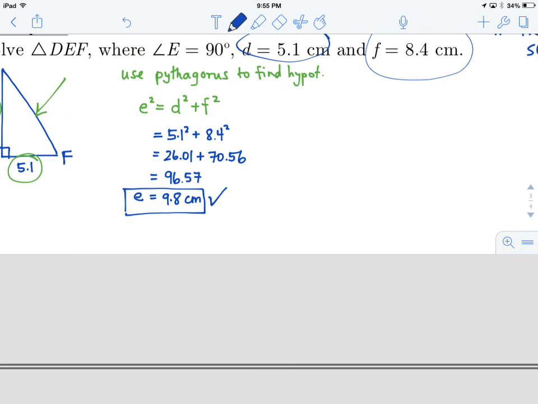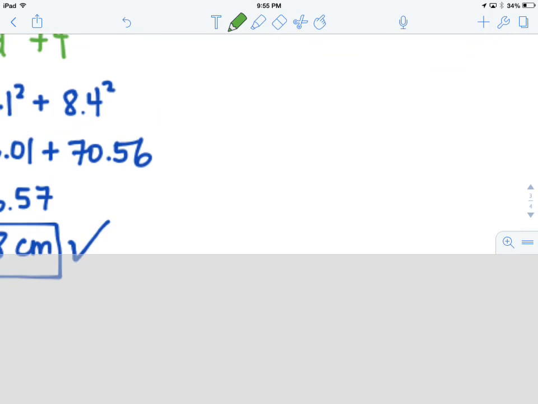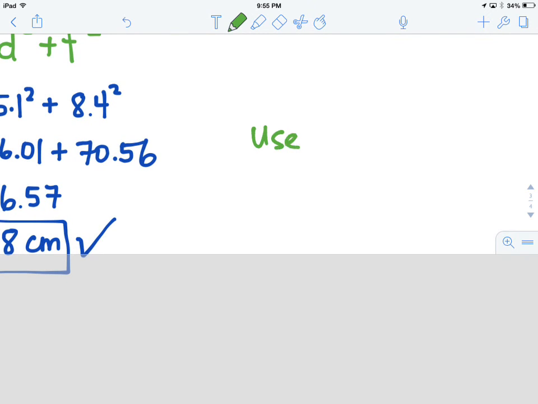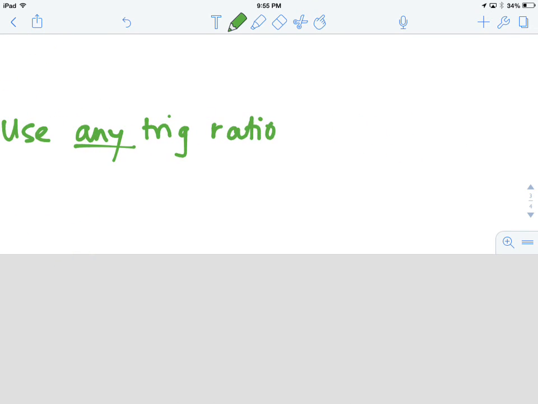And now that we have this, let's use some trig. Use any trig ratios, right? So any trig ratio to solve for the angles.